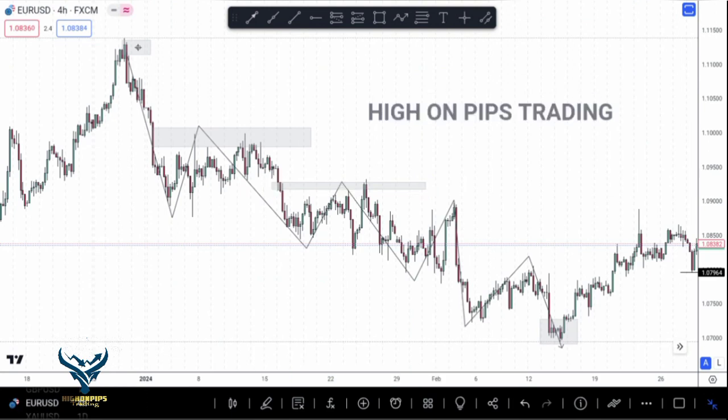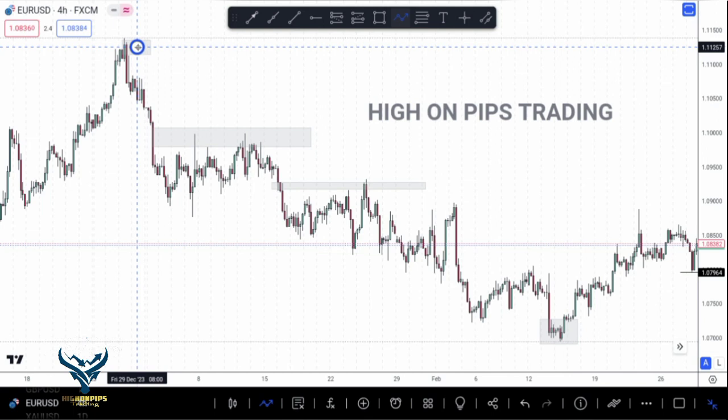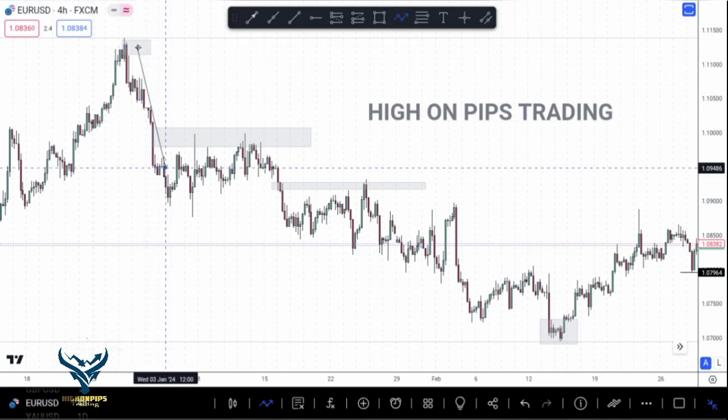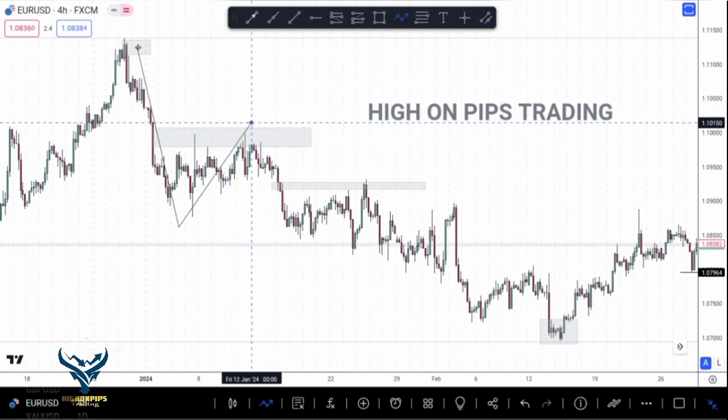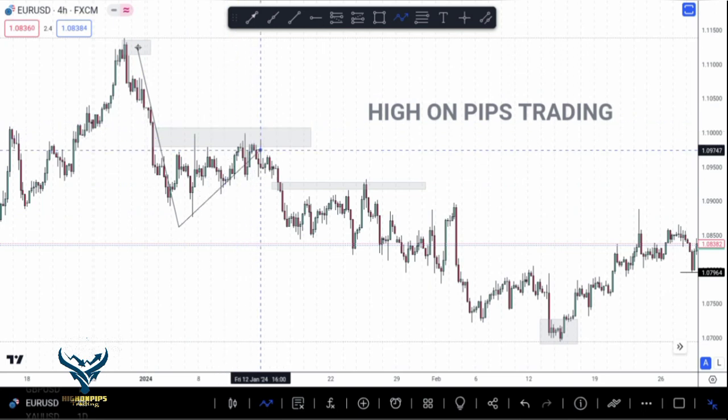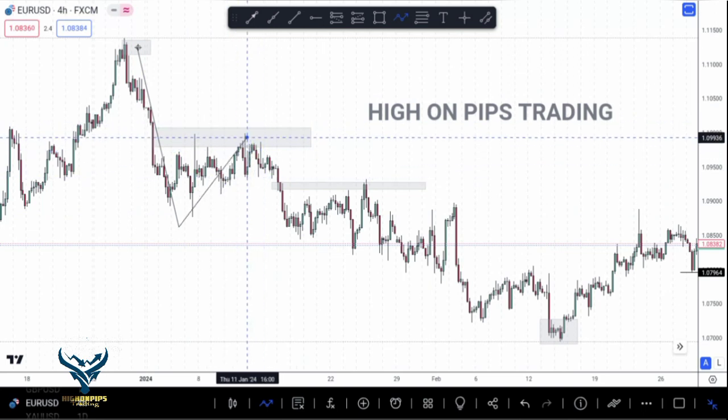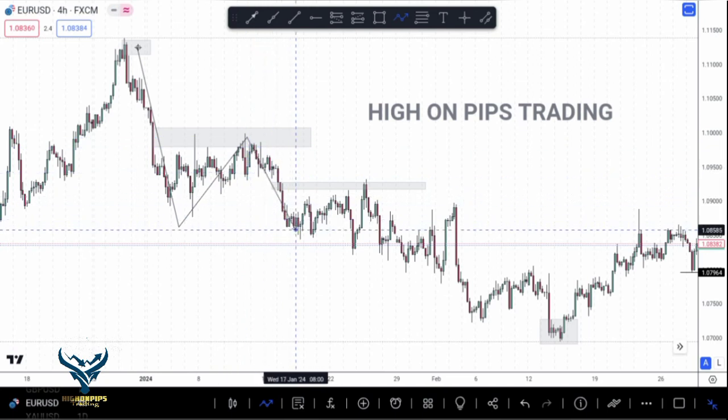As you can see, as the market was coming down, they would create, okay, like this, from here to here, right? The market went up, and then from here it came down. From here it came down, and then they broke this previous low.